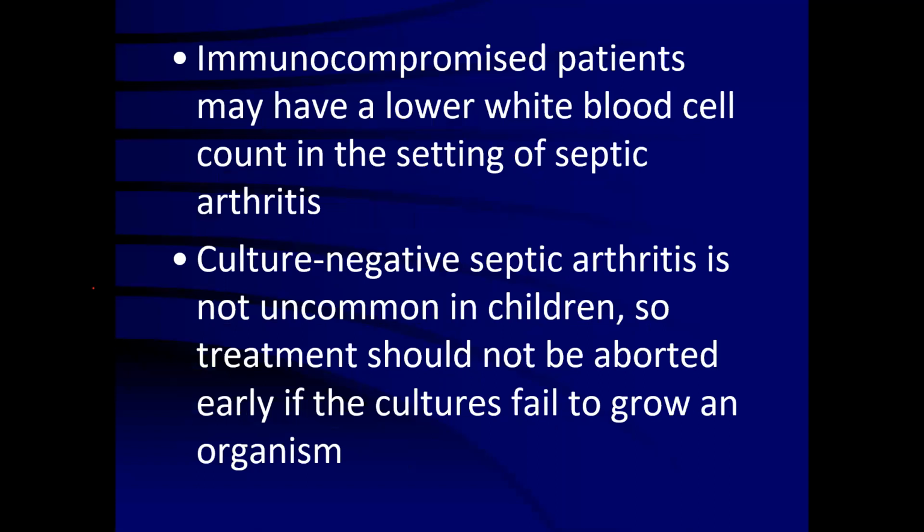Immunocompromised patients may have a lower white blood cell count in the setting of septic arthritis. Culture negative septic arthritis is not uncommon in children, so treatment should not be aborted early if the cultures fail to grow an organism.